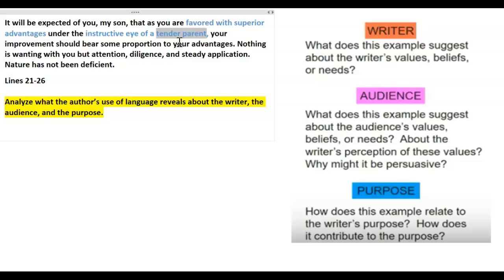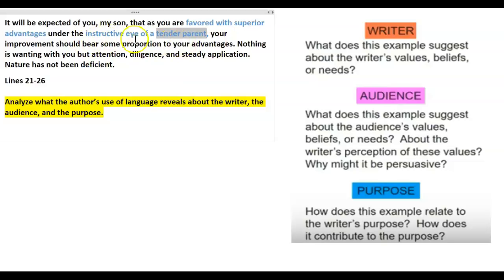The other part that stands out to me is "as you are favored with superior advantages." Now, if I took this out of context, I might just think that he is privileged or spoiled or gets whatever he wants. But when we look at it in terms of the rest of the passage, he's been given privileges because his father is there with him.